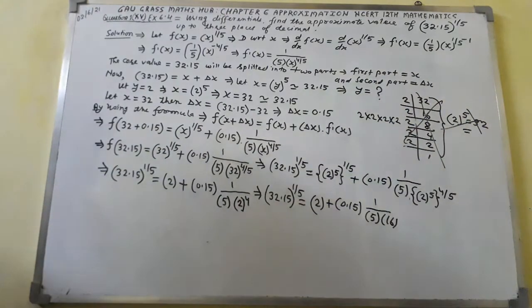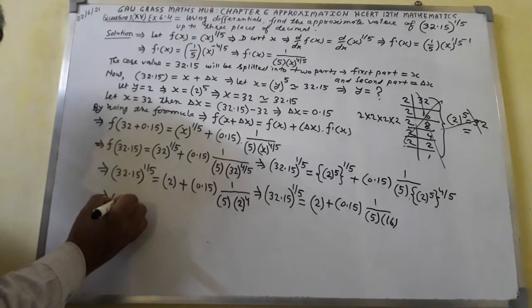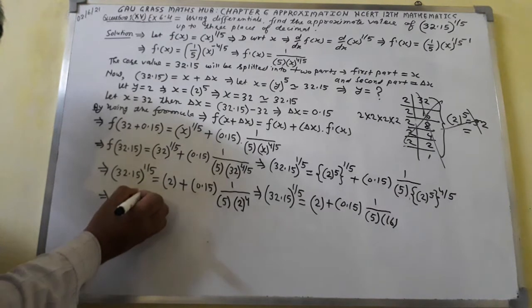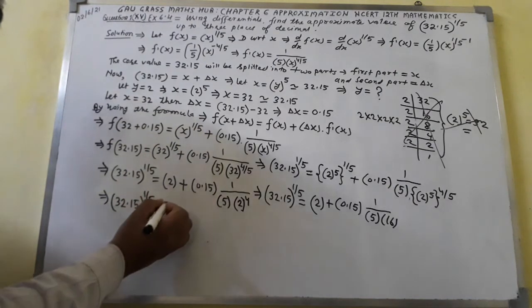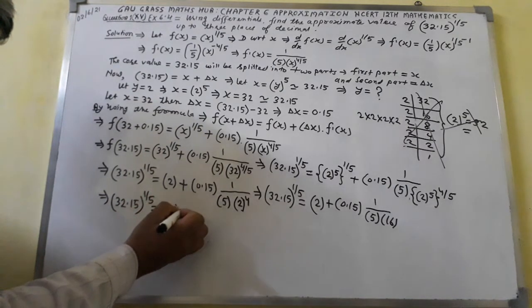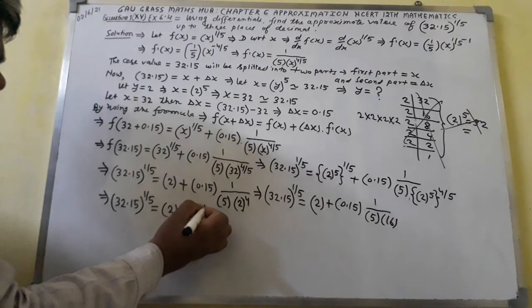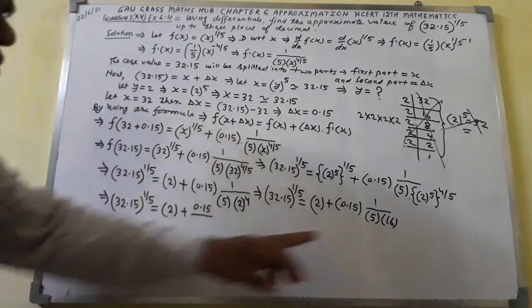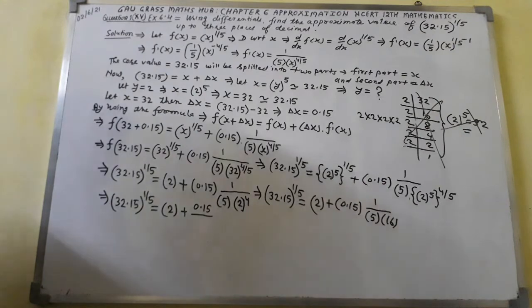Now again I shall write, implied that 32.15 raised to the power 1/5 comes out to be 2 plus 0.15 over 16 multiplied by 5, which comes out to be 80.